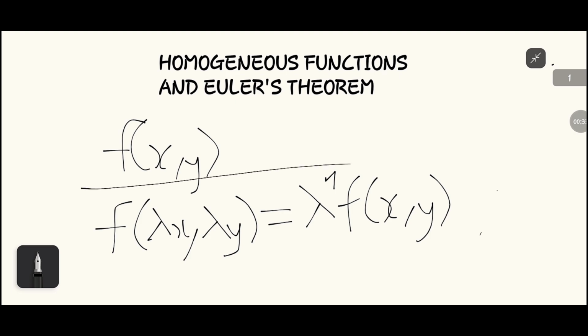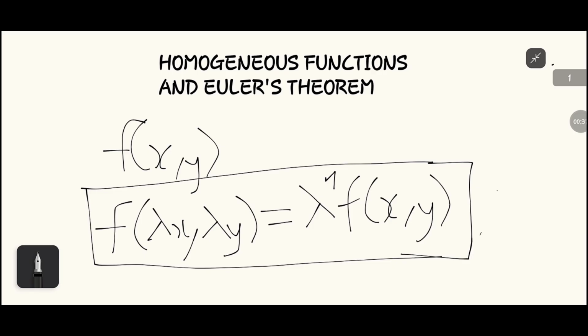So this is the criteria for a homogeneous function. So for that function to be homogeneous, it means that we should have lambda raised to the power n of the original function when we replace x with lambda x and y with lambda y.